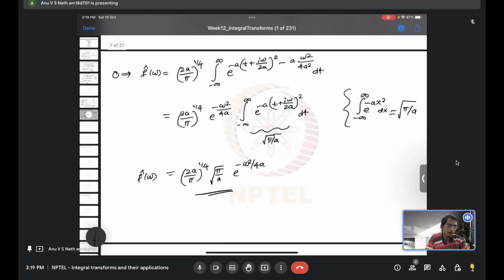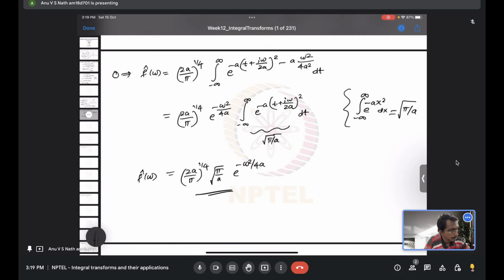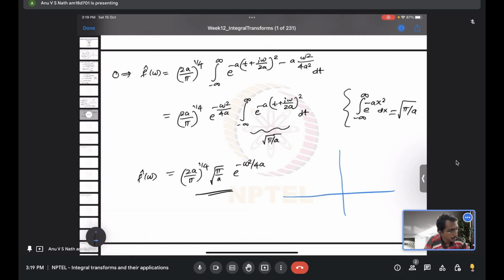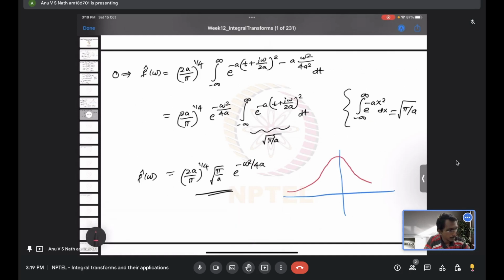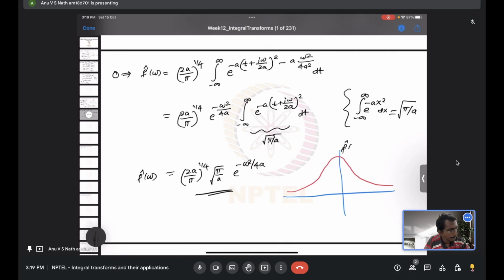That is also a Gaussian. If you plot its Fourier transform, this is also a Gaussian function with respect to omega, with the appropriate scale.